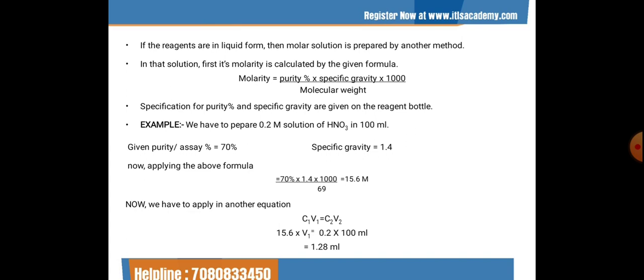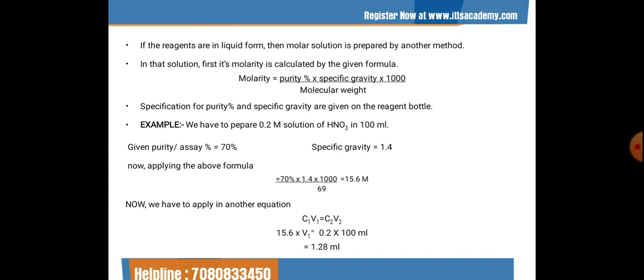Okay, these specifications for purity percent and specific gravity are given on the reagent bottle, where the specifications of the chemicals are noted down on the label. And purity percent can also be present in terms of assay percent.